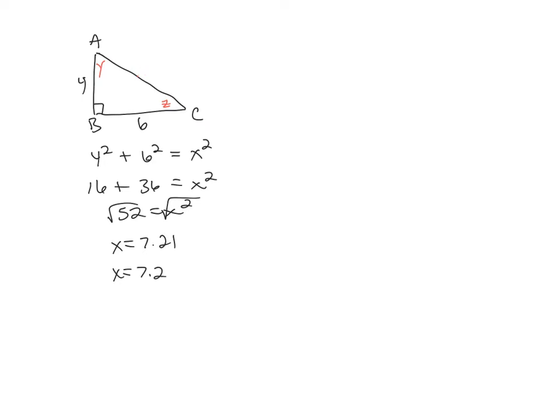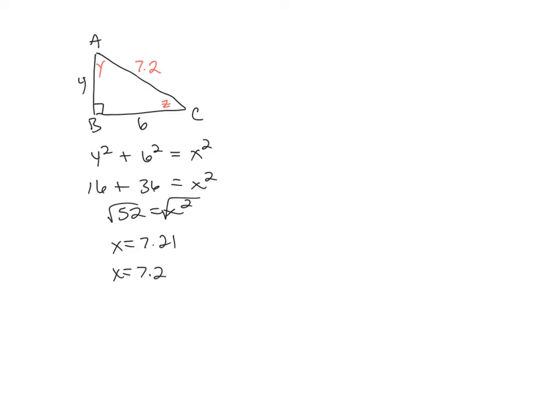Okay, so instead of x, I have 7.2. All right, now comes the angle part. So it actually doesn't matter if you do the y first or do the z first. They're kind of independent of each other.